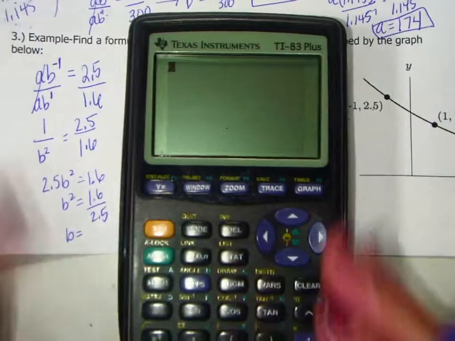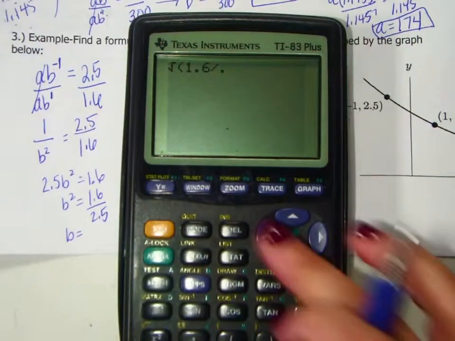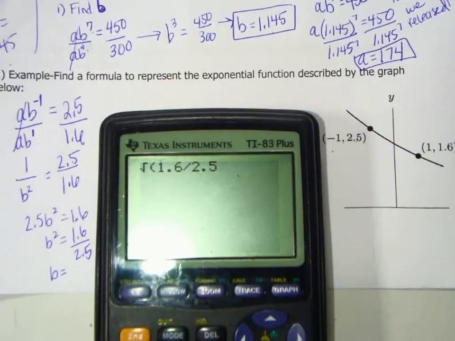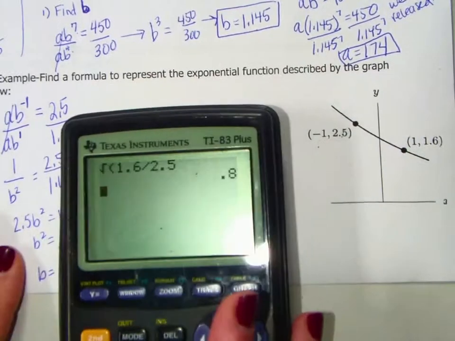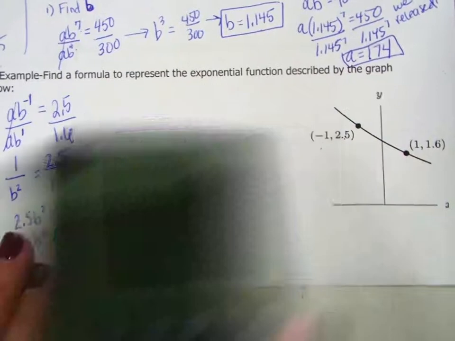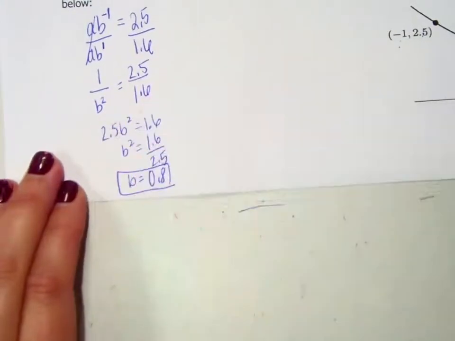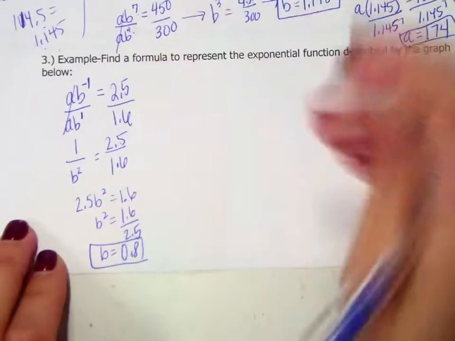So I end up doing the square root of 1.6 divided by 2.5. Oh, we can't see that. And I'm getting a very nice 0.8. So our value of b is 0.8, but now we need our value of a.